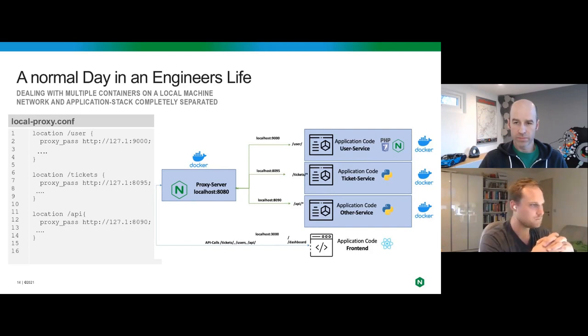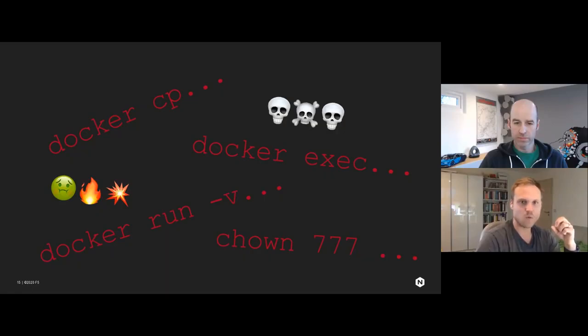So I used Docker a lot, and if you're using that kind of a setup with multiple containers at the same time, trying to organize your application development workplace, you're definitely aware of those commands: docker cp, docker run -v, mounting stuff in the container, docker exec, going into the container, changing something on the fly.